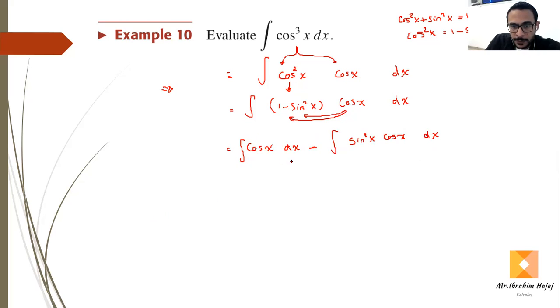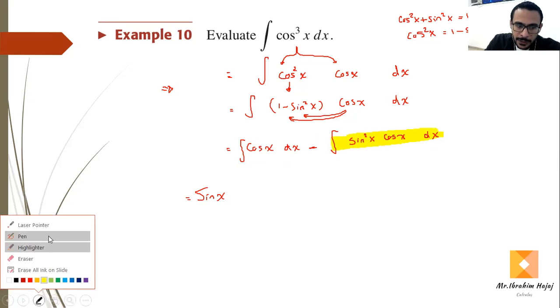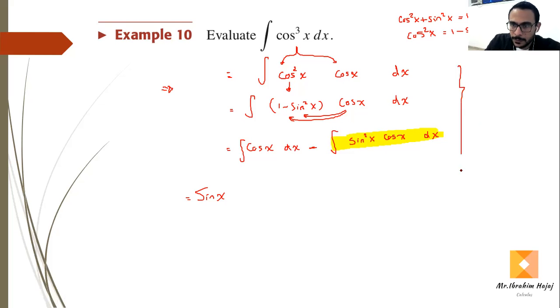The first term, the integral of cosine x, is easy. It's sine x, right? But the integral of the second part also has a product, a multiplication. So we have to use what now? There's no solution other than substitution.